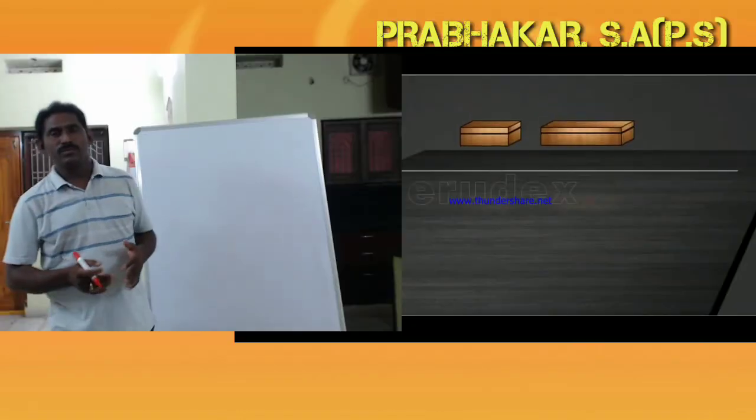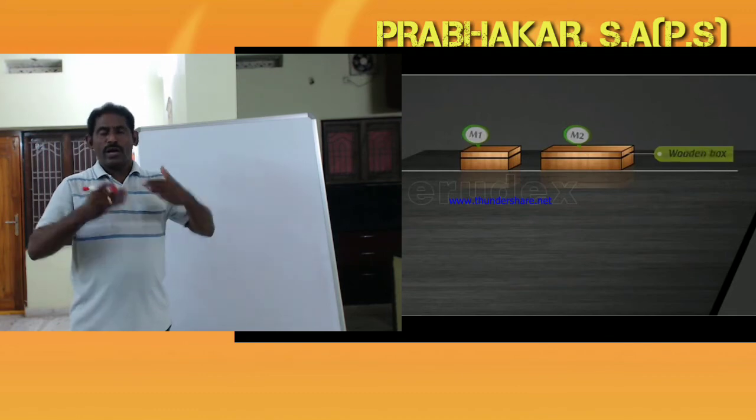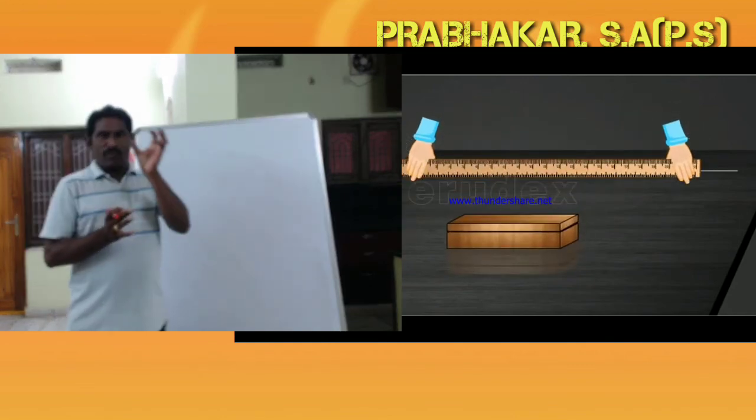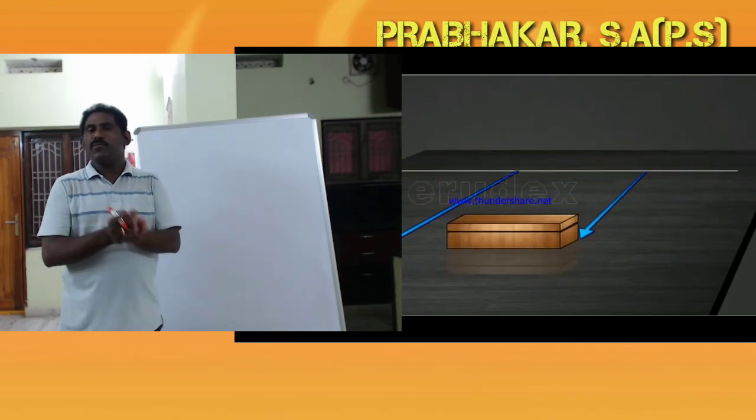So Newton's first law of motion explains what happens if no external force acts on an object. Take two rectangular wooden blocks of different masses. We push the two blocks with the same force at a time. If you observe, the wooden block which has less mass moves a farther distance compared to the wooden block which has more mass.